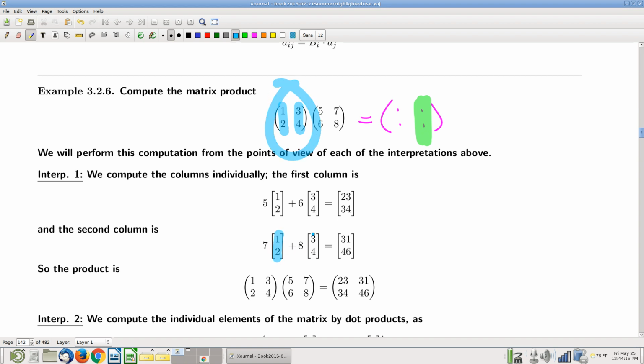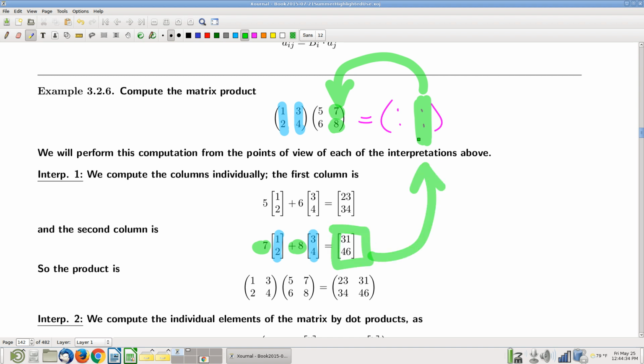Here they are again, same columns of the left matrix. And now, since I'm looking at the second column of the product, I use the second column to give me my coefficients. And you punch that up, and that gives you this. That's the second column.